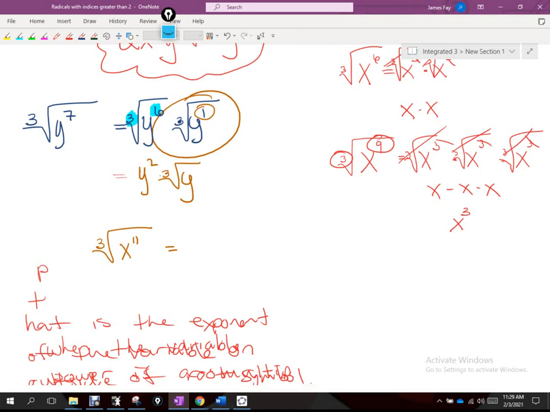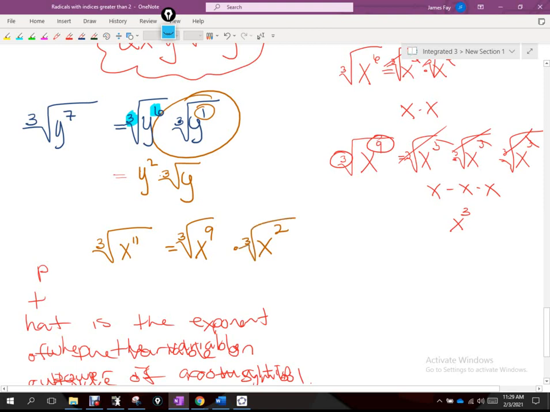What is the largest multiple of 3 that's smaller than 11? 9. So I'm going to rewrite this as x to the 9th times x to the what to get this to be 11? X squared. Good. So then I cube root both of these.